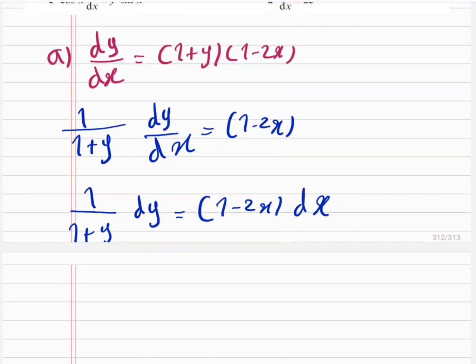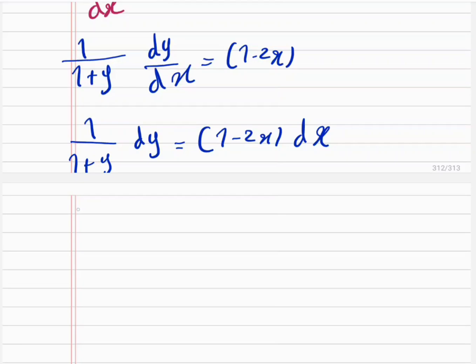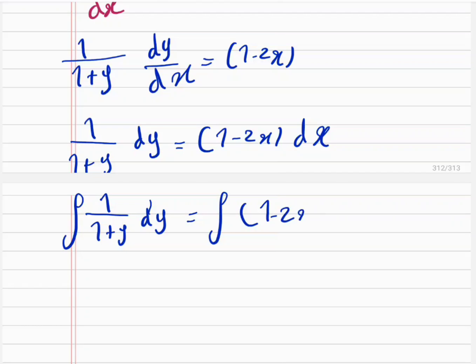And at this point, when we have all the dependent variables on one side and the independent variable on the other side, then we can just integrate both sides. So we simply integrate the left hand side first. So the integral of 1/(1 + y) dy. I'm going to write it like this, because this is how we normally write.